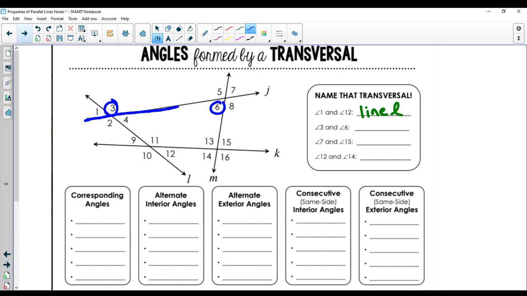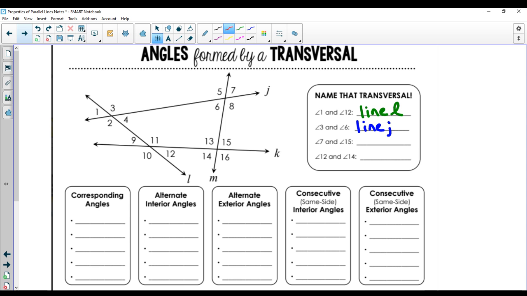Looks to me like it's this one, line J. Okay, and I know that because both those angles are on that. I can find them on that line J. Okay, it really is just kind of a circle the two angles you're talking about and step back for a second and then just look at which line they fall on. You do what I call sit and stare. You just sit and stare at it for a minute.